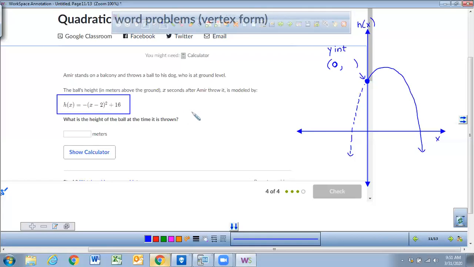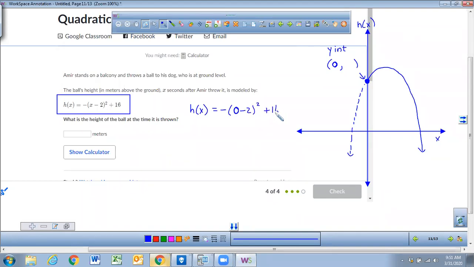So if I wanted to find the y-intercept for h of x by hand, this is what I would do. I would take my equation, and what number am I going to plug in for x? I'm going to plug in a 0. So I would get a negative, 0 minus 2 is negative 2 squared plus 16.